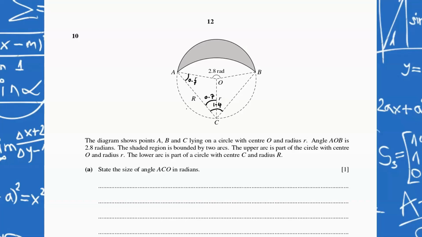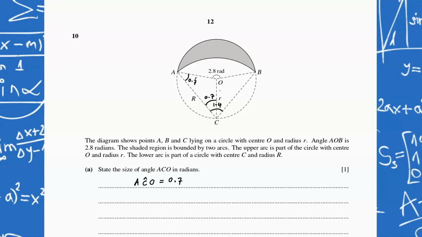So to get the angle ACO, we've actually found it already. So we are saying here that ACO is 0.7. Here, no need to put the work in. You don't get any marks for it, because they are saying state the size. So we have just done that.